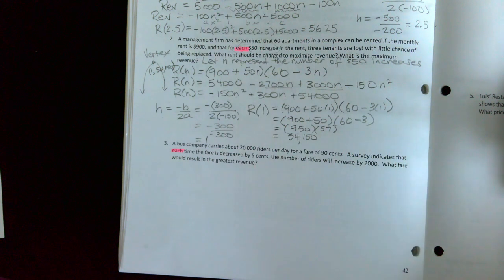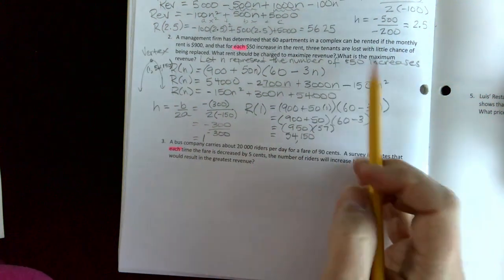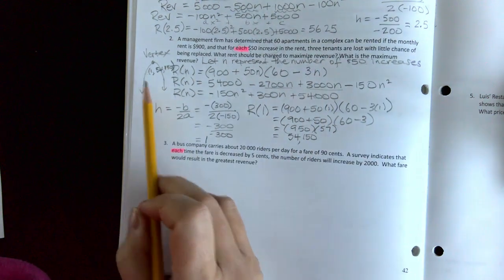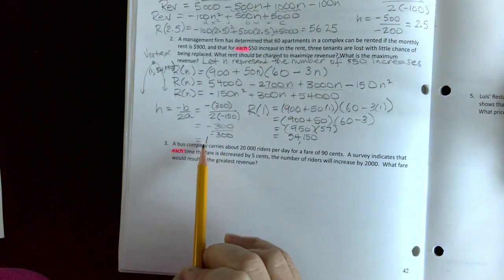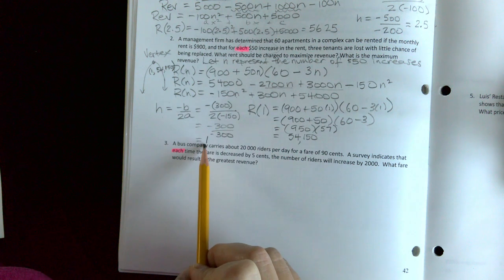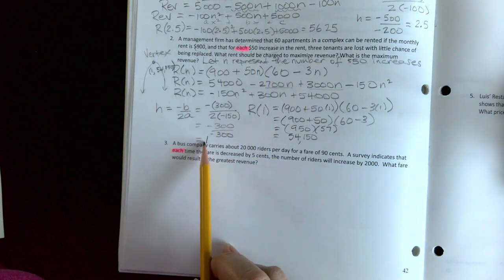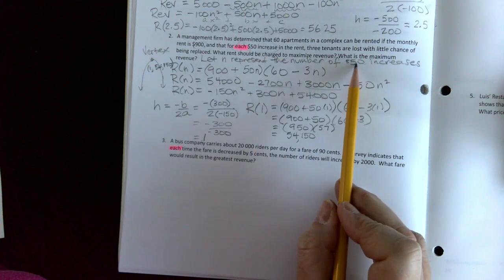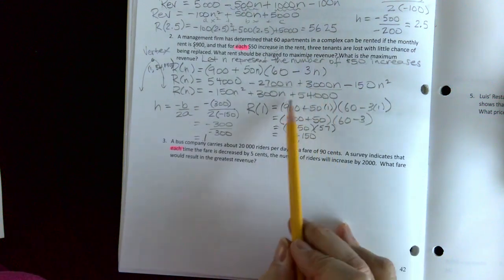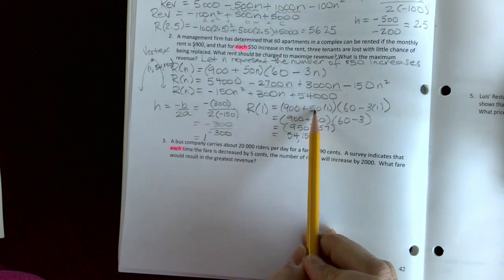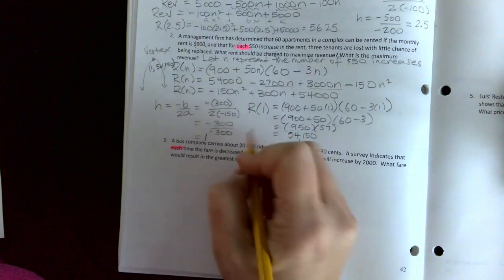All right, so now we can write our final statement. What rent should be charged to maximize the revenue? Be careful here. The answer is not $1. The answer is the price or the rent that you get when you increase the current rent by one set of $50. And that's represented right here. $900 increased by one set of $50. That's $950.